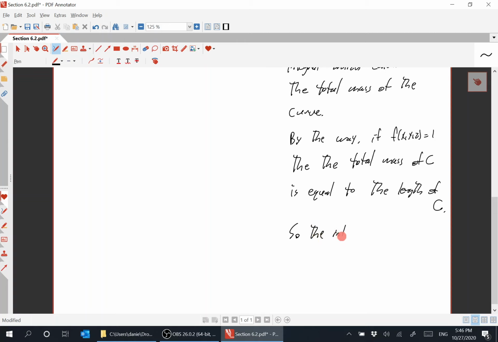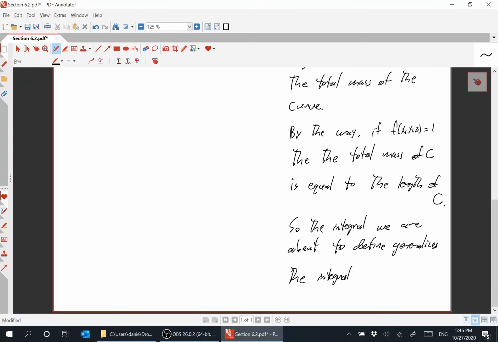So the integral we are about to define generalizes the integral from a to b of the magnitude of r prime of t dt, which is equal to the length of C. We covered this all the way back in section, what was it, 3.4.